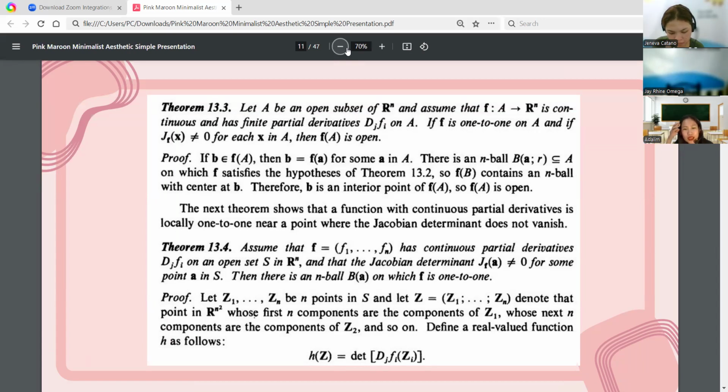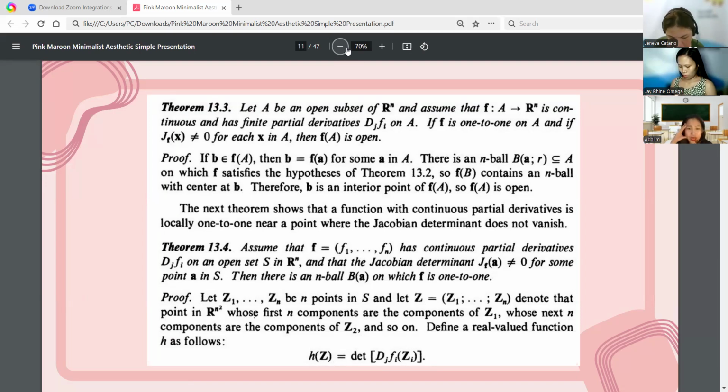Let A be an open subset of R^n and assume that f from A to R^n is continuous and has finite partial derivatives D sub j f sub i on A. If f is 1 to 1 on A and if J sub f(x) is not equal to 0 for each x in A, then f(A) is open.